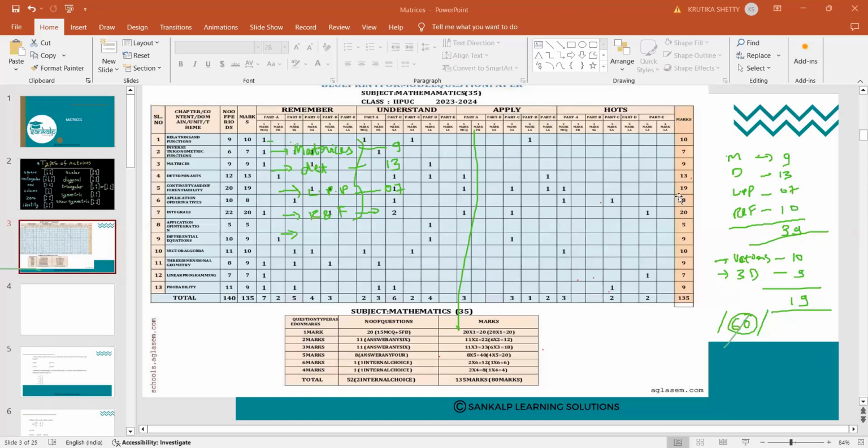So 19 plus 8 is 27 marks. These are the topics which involve trigonometry, so the basic first year trigonometry is very essential here. That is differentiation and application of differentiation, and then integration and application of integration.